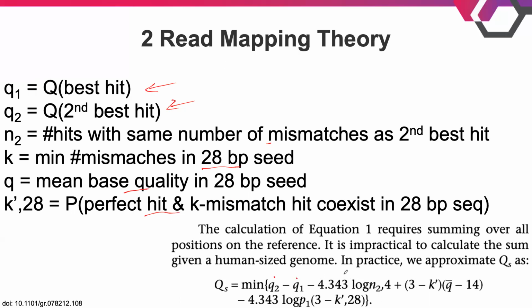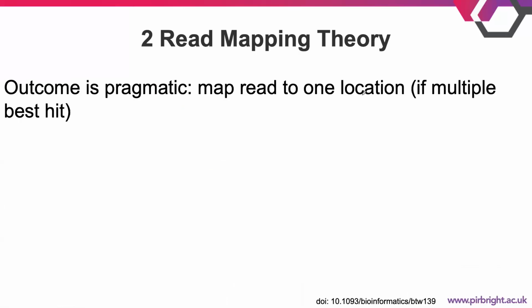And it's known that being computationally efficient and performing multiple rapid mappings of different reads to different locations is better than trying to have a perfect, exhaustive match for each individual read. In practice, if the base quality of the read is good, so the read is good, but it has a low mapping quality, most tools will map the read to one of those locations.